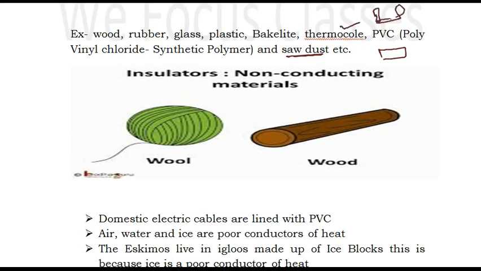And PVC, that is polyvinyl chloride, covers electric wires so that heat does not come out, because it's an insulator. Wood and glass are also used.